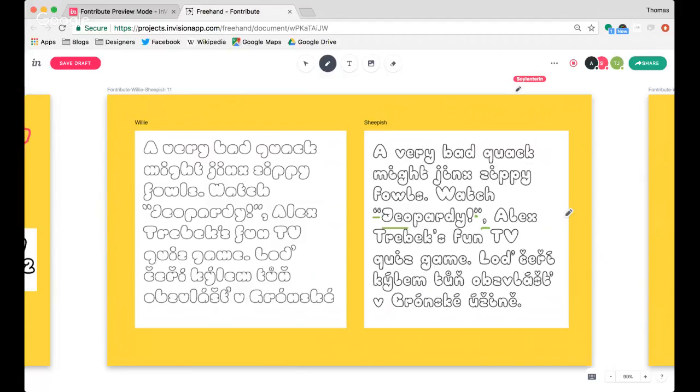But if color and typography are things that matter to you, this is a problem you have to accept or deal with in some capacity. I'm seeing that clearly. The size variations are not as dramatically different in Willie, so this issue is not as serious as the size discrepancy in Sheepish.